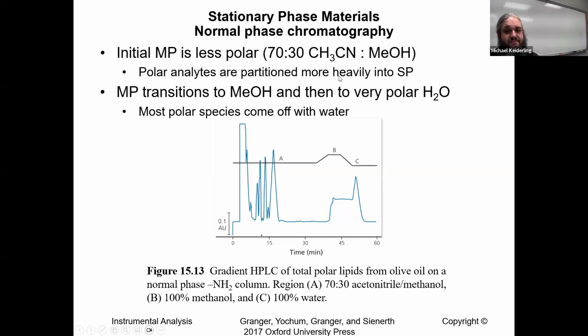So polar analytes are partitioned more heavily into the stationary phase. And then it transitions to MeOH and then to very polar H2O. And the most polar species will come off with water. So this is sort of a three-phase gradient: 70-30 acetonitrile methanol, then 100% methanol, and then 100% water.